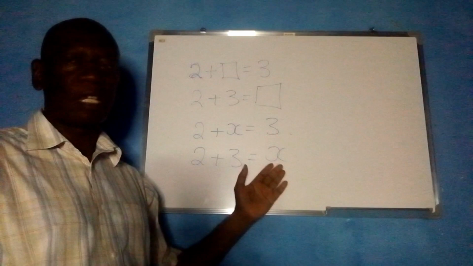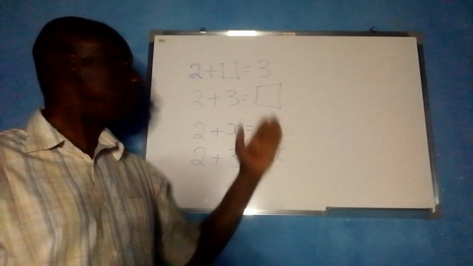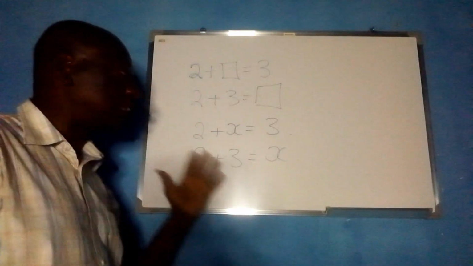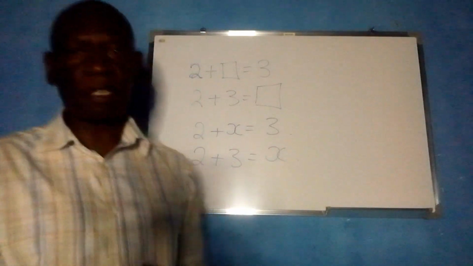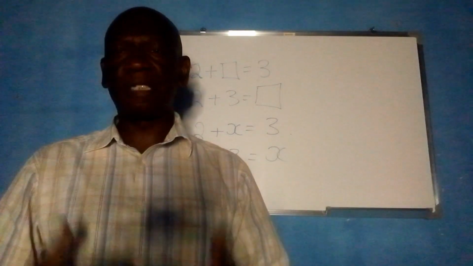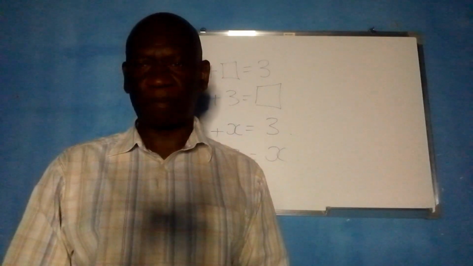This came in at the higher grades. So what allows us to do this or to write in this manner is what we call algebra. Algebra allows us to use something to represent a value that we do not know.